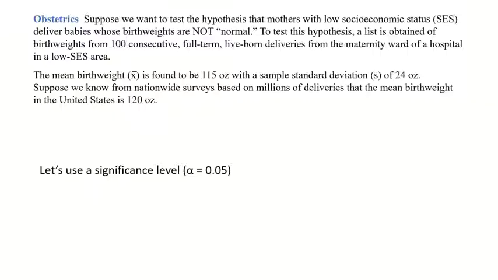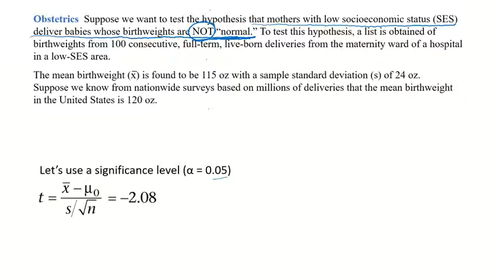I just modified our example from a while ago, but the operative word in the alternative hypothesis is that mothers with low socioeconomic status deliver babies whose birth weights are not normal. Take note, my word here now is not normal, instead of lesser than the normal. So this is now a two-tailed test. If we still use alpha at 0.05, we have to divide that by 2.